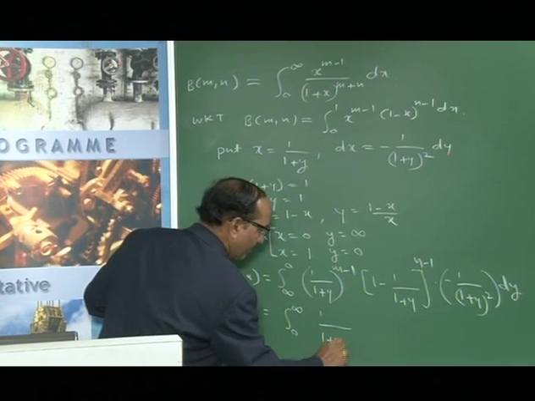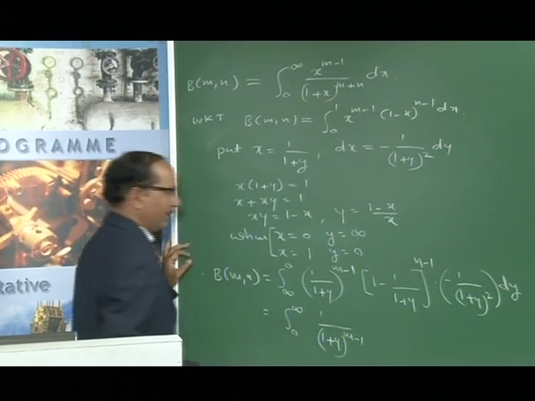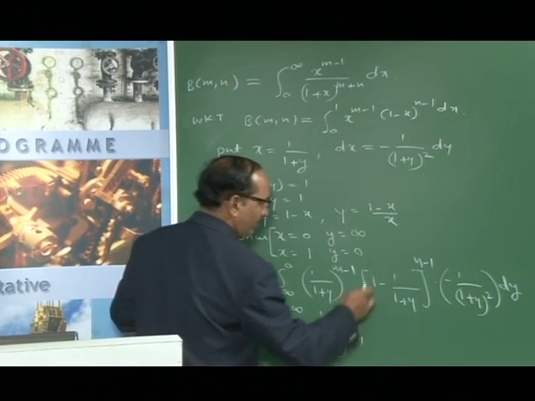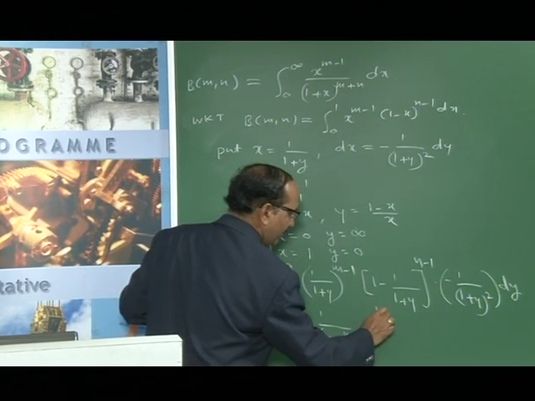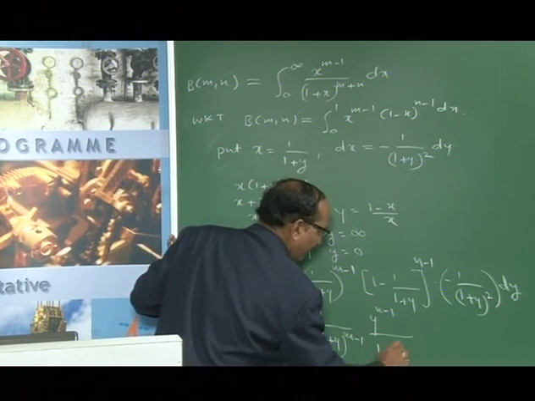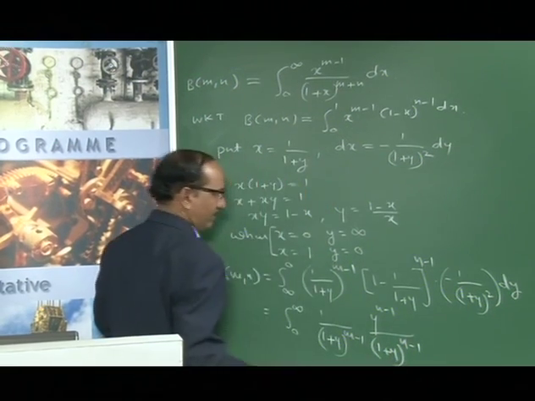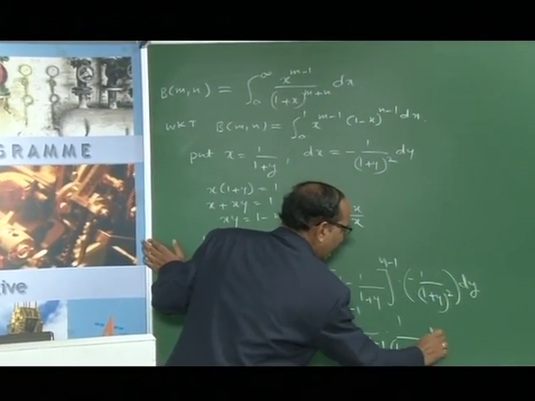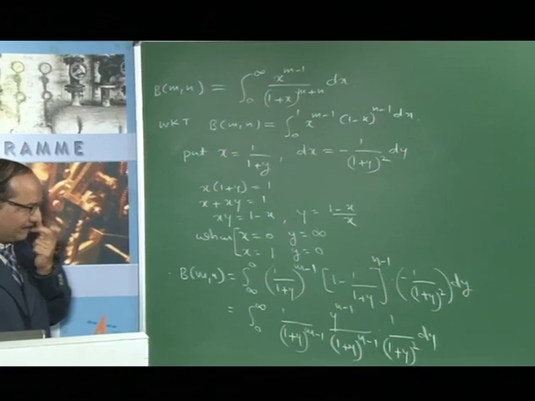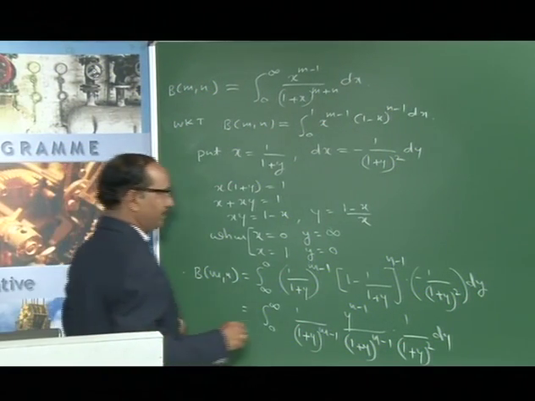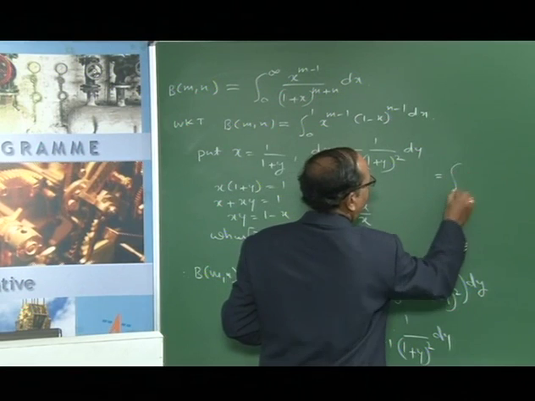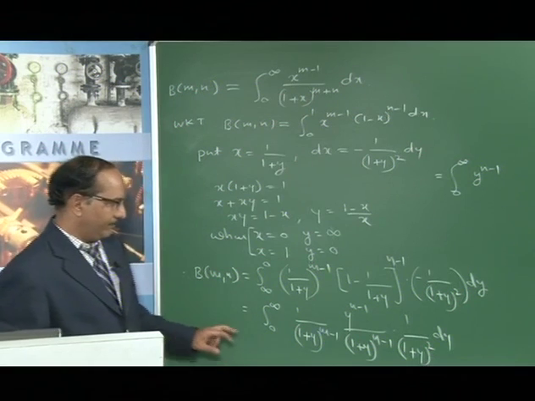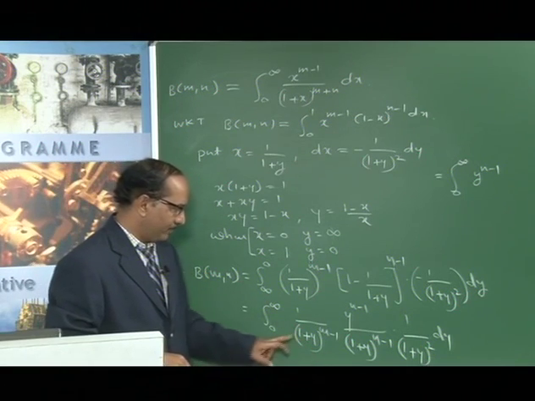denominator (1 plus y) raised to m minus 1. Simplify this expression: 1 minus 1 upon 1 plus y is y divided by 1 plus y. So y raised to n minus 1, (1 plus y) raised to n minus 1 in the denominator, and this is 1 upon (1 plus y) raised to square dy. Now simplifying, the integral from 0 to infinity of y to the power n minus 1, and see the powers of 1 plus y.